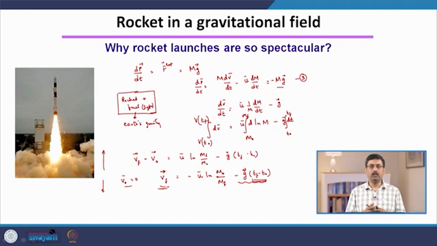For example, these rockets are normally used to launch satellites in low Earth orbits, which are a few hundred kilometers from the Earth's ground. So, the velocity vf can be less than the escape velocity, but still it has to be considerable, so that it can reach a very high altitude of at least a few hundred kilometers.